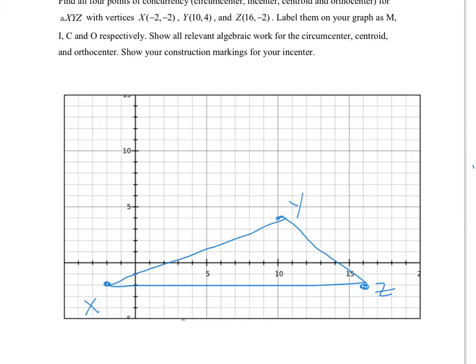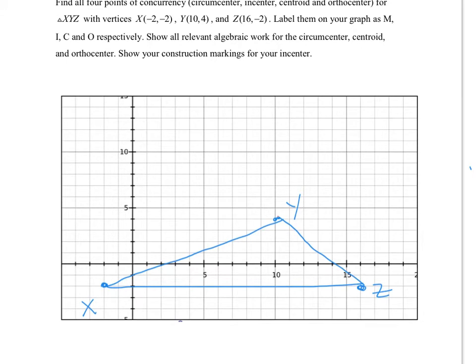The altitude of a triangle is the perpendicular line that goes from a vertex to the opposite side. So it goes from the vertex and it's perpendicular to the opposite side.